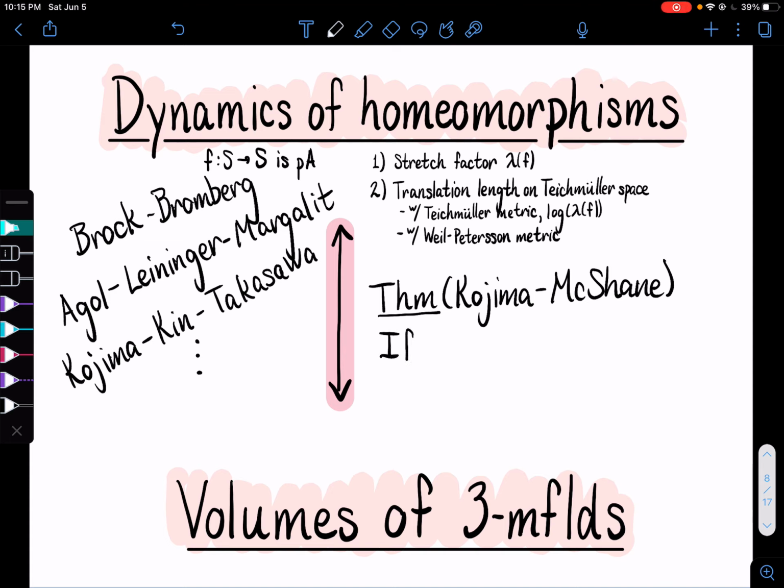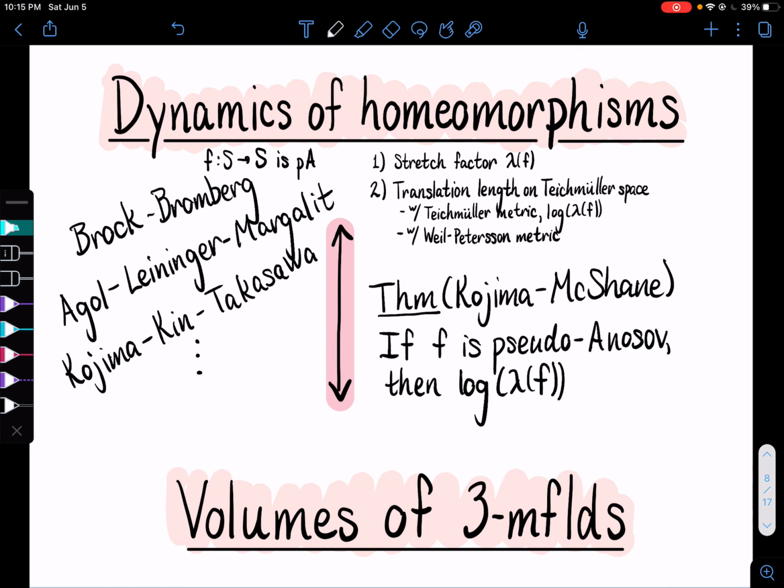It's quite clean, which just says that if we have some pseudo-Anosov f, so if f is pseudo-Anosov, then the logarithm of the stretch factor of f, which as we know is our translation distance on Teichmuller space, is bounded below in terms of some multiplicative factor given in terms of the Euler characteristic of my surface, but then just the volume of my mapping torus.